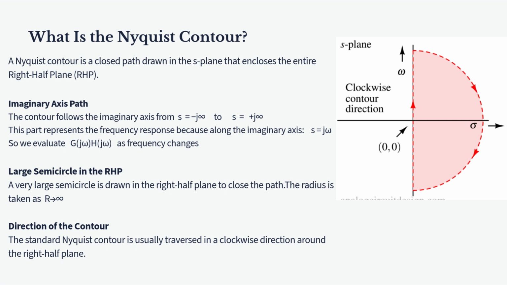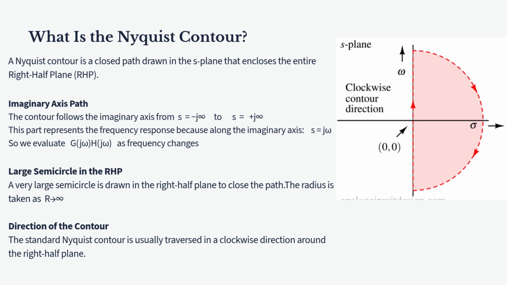What is the Nyquist contour? A Nyquist contour is a closed loop path drawn in the S-plane. This is drawn around the right half plane. We choose the right half plane because that is the unstable region. The contour has two main parts.